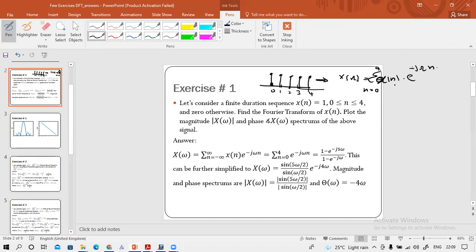Here it is n from 0 to 4, not minus infinity to plus infinity. You know that x[n] is always 1 for 0 to 4, so you have 1 here.